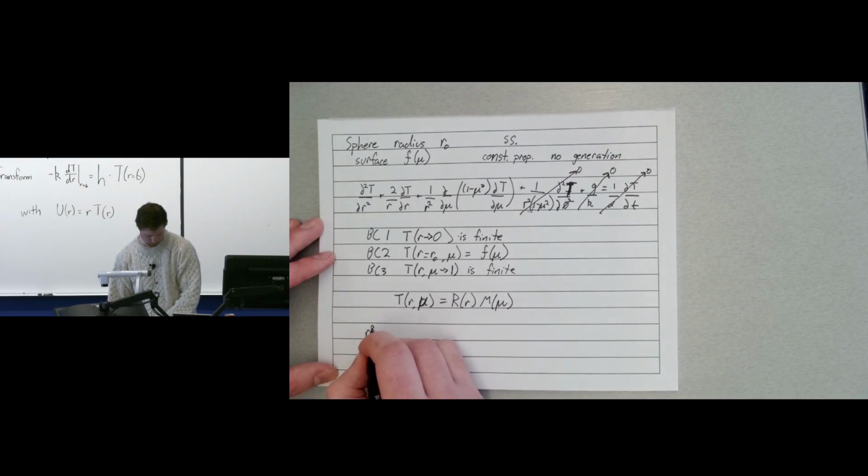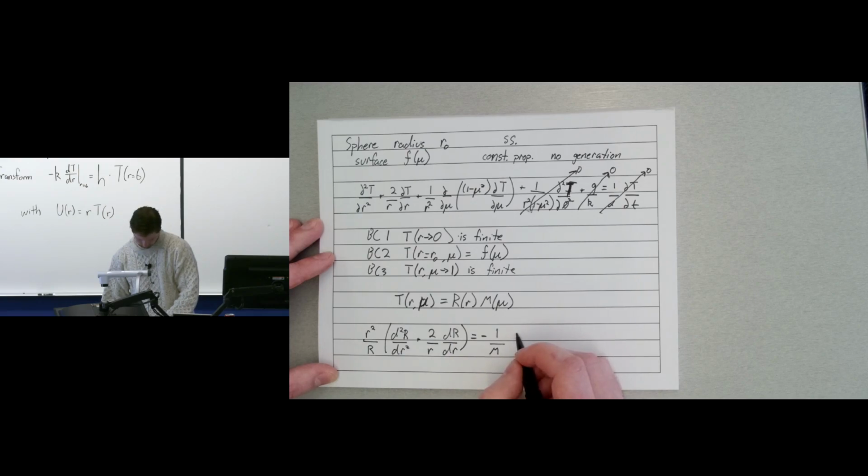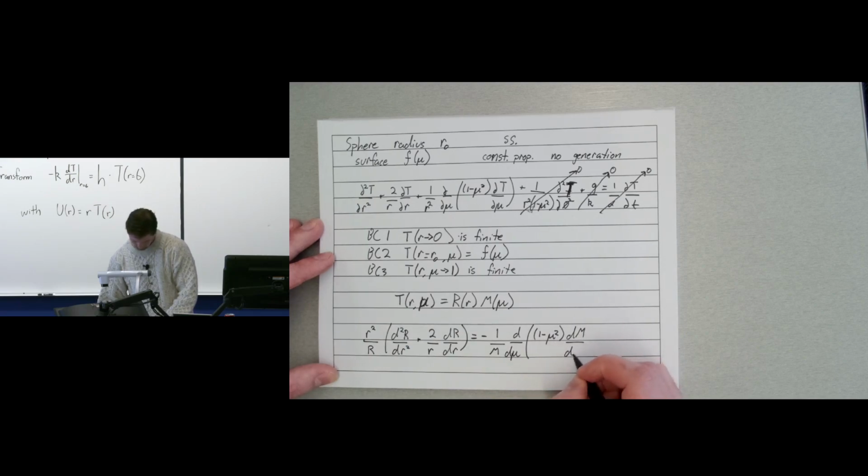So when we do that, we'll end up with r squared over R times the second derivative of R plus 2 over r with the derivative of R is equal to negative 1 over M times d/d mu of (1 minus mu squared) dM/d mu.